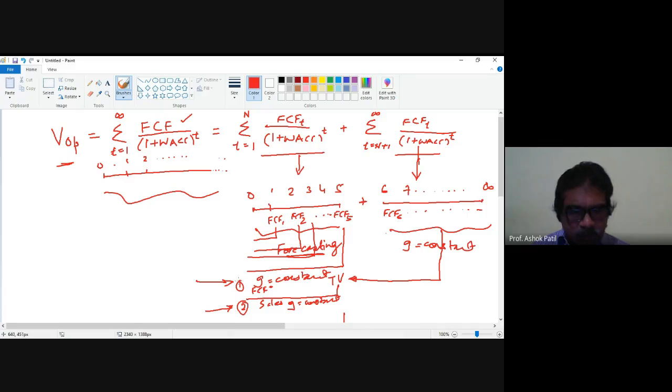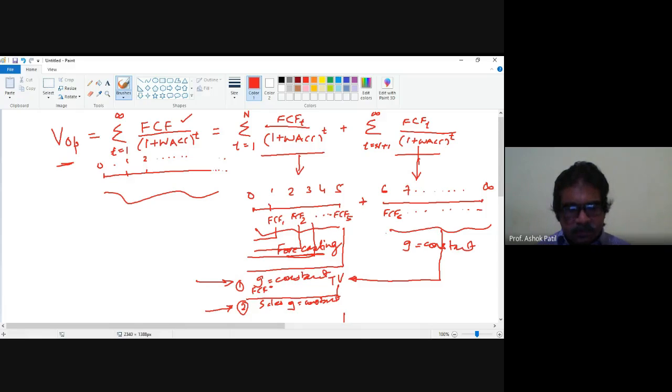Alternatively, it is also possible, the first method, that you calculate FCFs for the last 5 years, calculate the growth of FCF, and assume that growth will remain same for the next 5 years and calculate the FCFs directly. So either you calculate FCF directly or forecast the sales growth and then all the items and then calculate FCF.